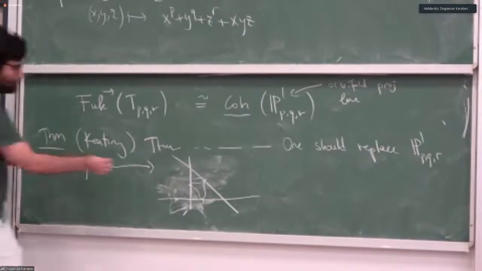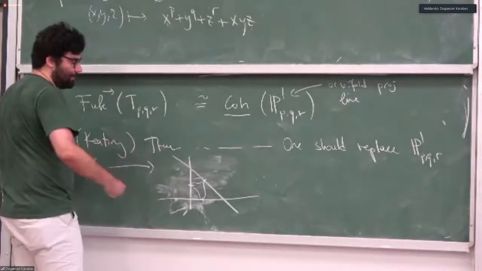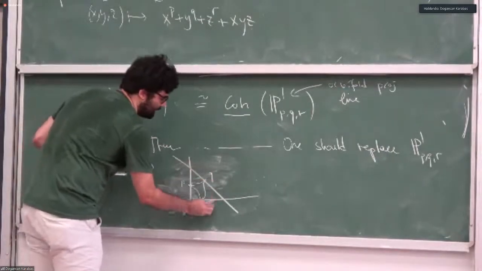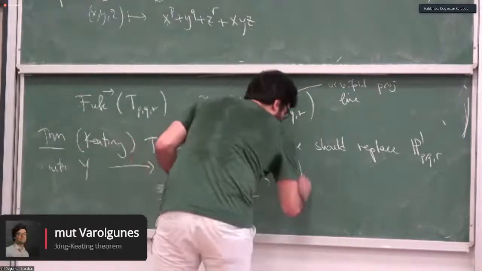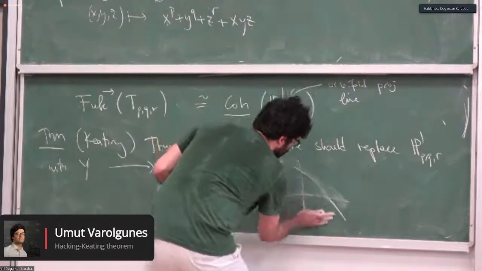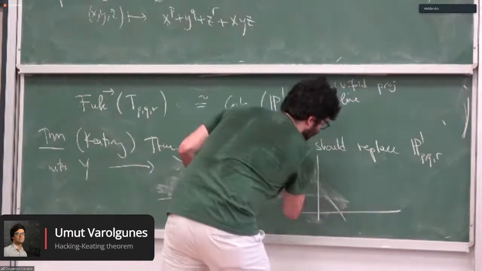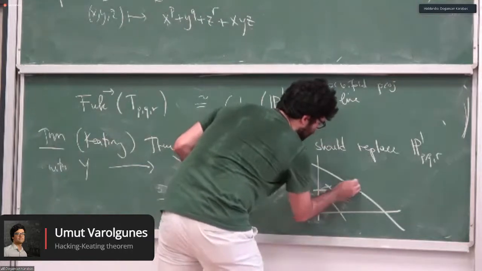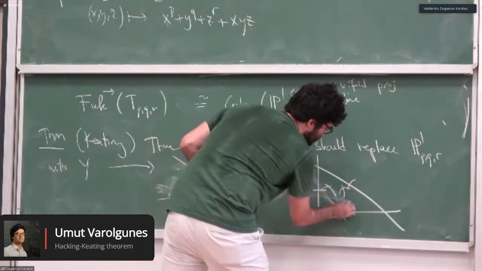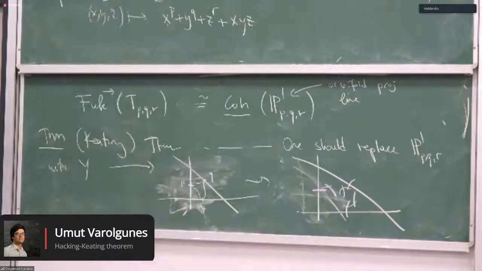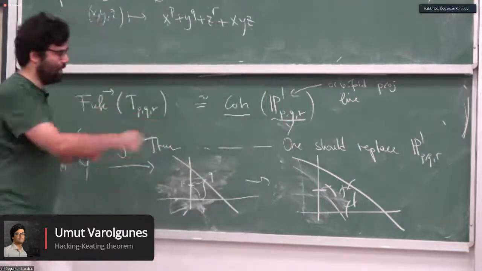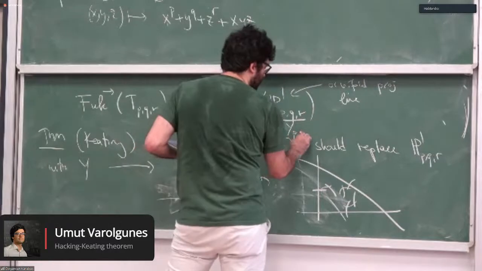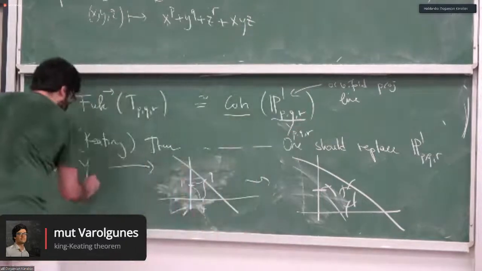Then you blow up these points iteratively P times, Q times, and R times. You end up with a bigger picture with a bunch of curves like this. Then she proved that you can just write Y here. Let's call it Y_PQR.